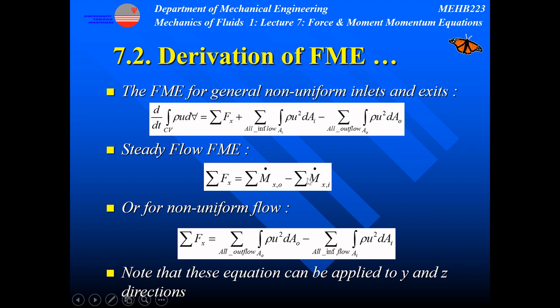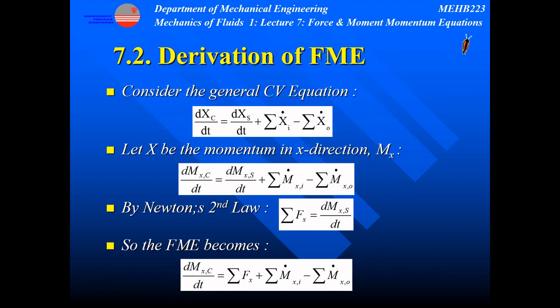If you still remember, if the flow is steady, the rate of change of the extensive property of the control volume, in this case the rate of change of momentum of the control volume, should be 0.